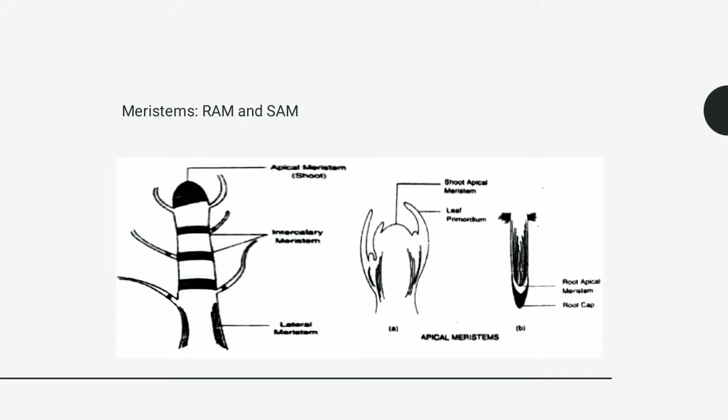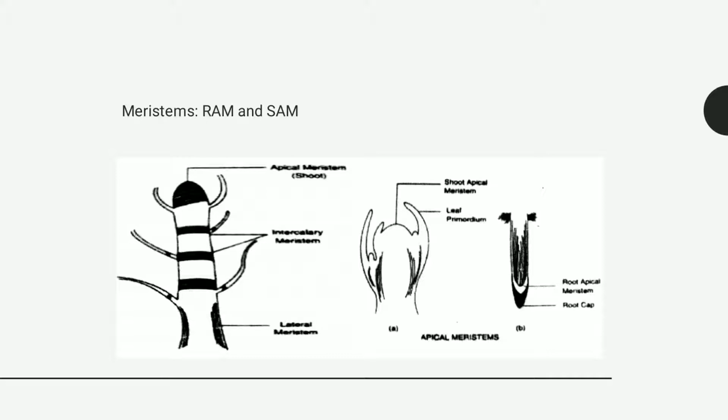This intercalary meristem is mostly present at the base of the leaves, or it is present also in between the internodes. This intercalary meristem is mostly found in the monocots, which helps in their rapid growth.